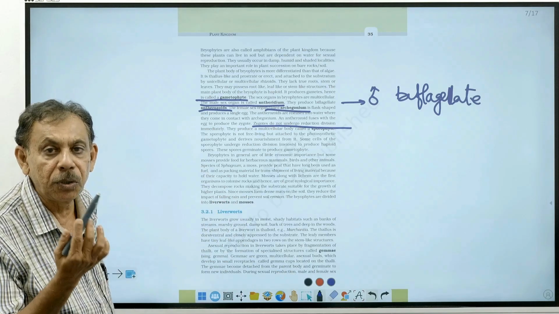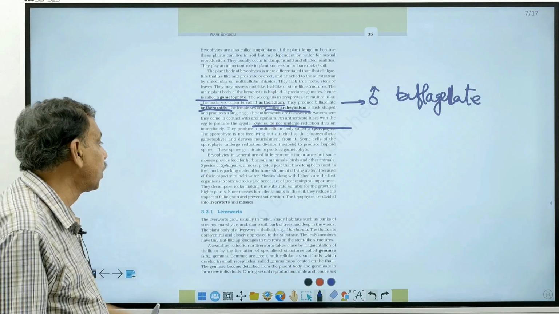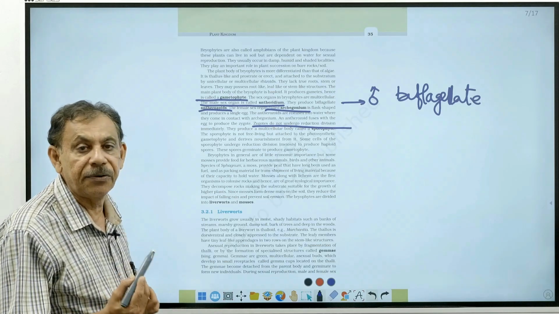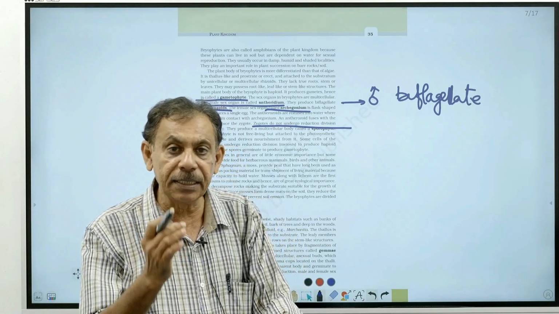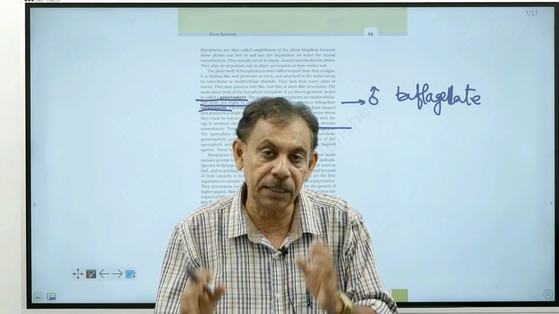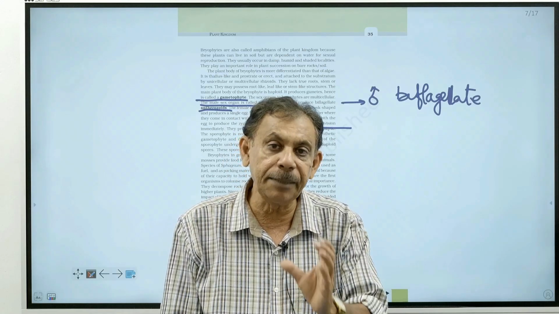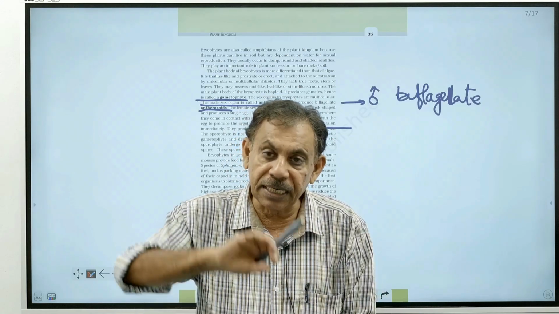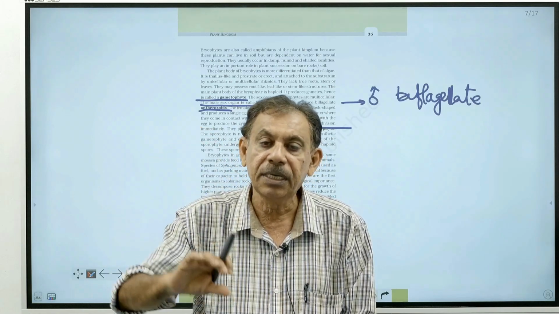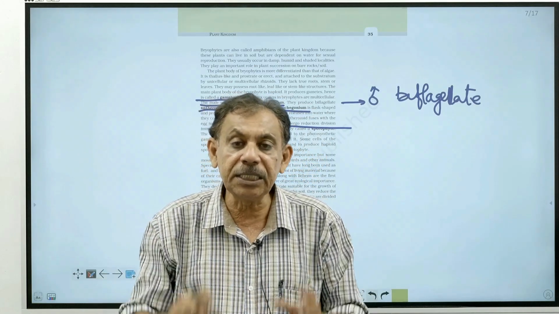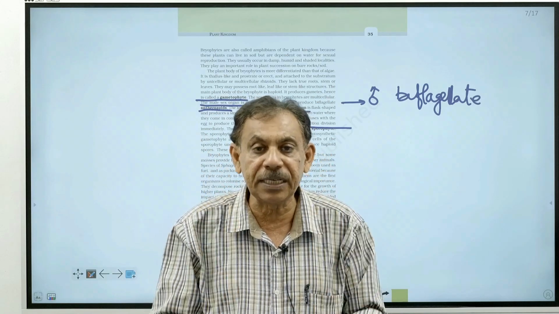The sporophyte is the spore-bearing structure. What is the importance of the sporophyte in bryophytes? The sporophyte is multicellular, made up of three parts: foot, seta, a tubular structure, and a capsule. This foot, seta and capsule form the sporophyte.